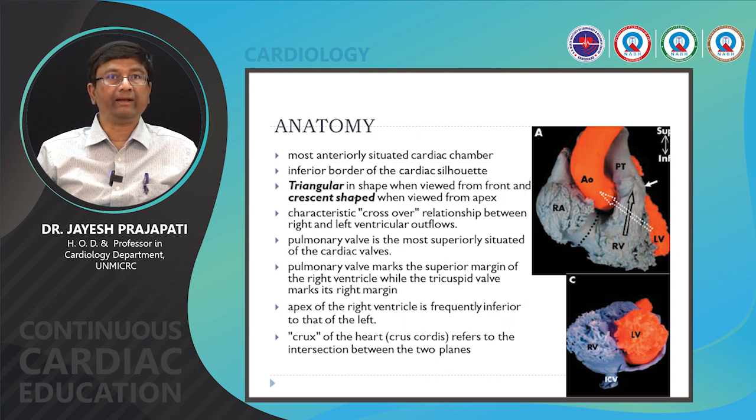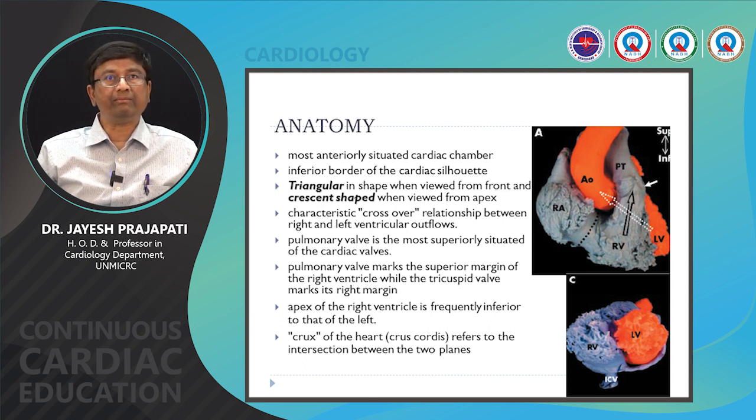So we should know the anatomy of the RV. The RV is a little bit different compared to the LV, and it is most anteriorly situated. When we see a lateral X-ray, it is an anteriorly situated cardiac chamber and forms the inferior border of the cardiac silhouette. It is triangular in shape when viewed from the front and crescent shaped when viewed from the apex. There is a crossover relationship between RV and LV outflow, it is not parallel.